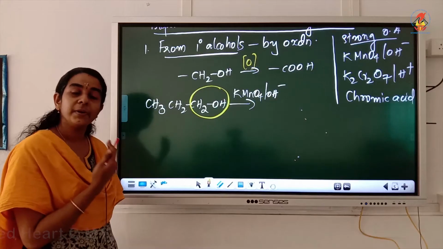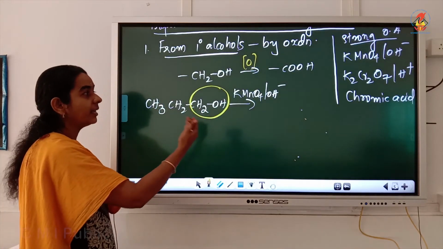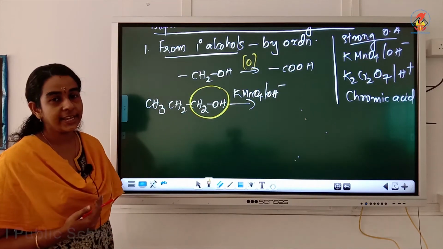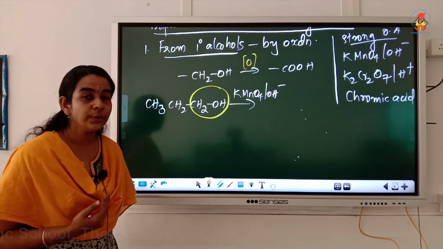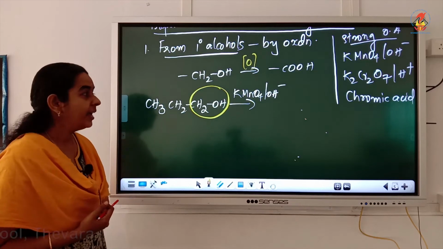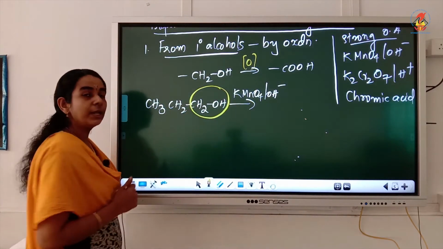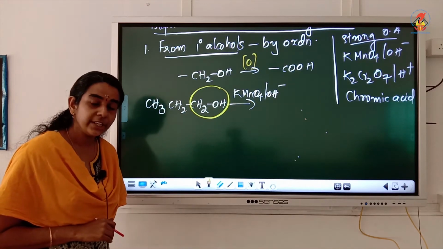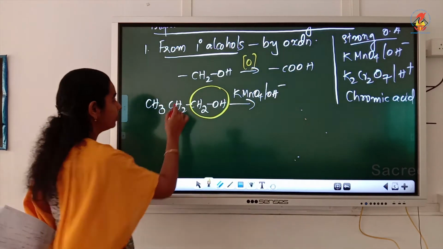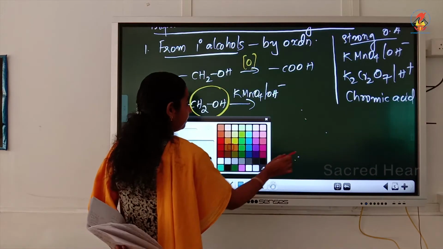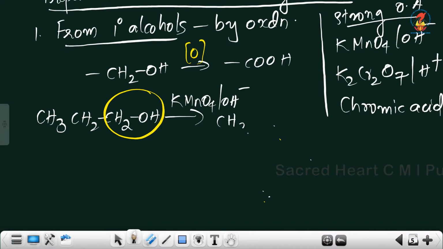We know that primary alcohols, on treating with a strong oxidizing agent, will be converted to carboxylic acid. So remember, here we need to replace only CH2OH by COOH. So the product will be CH3CH2COOH.